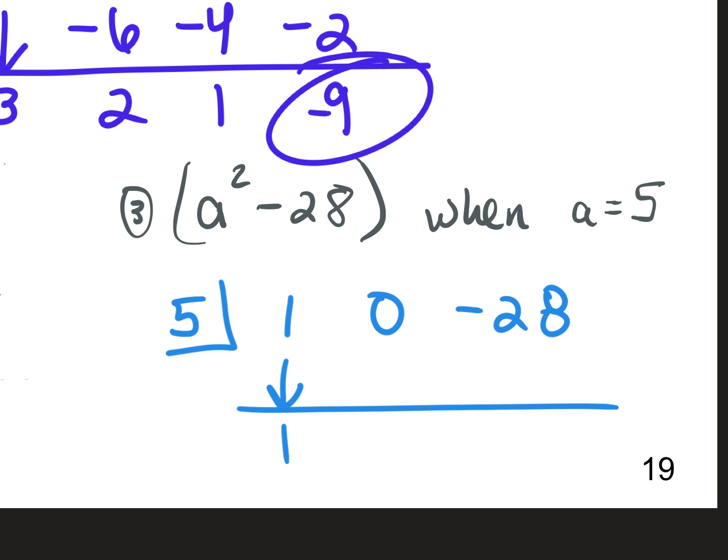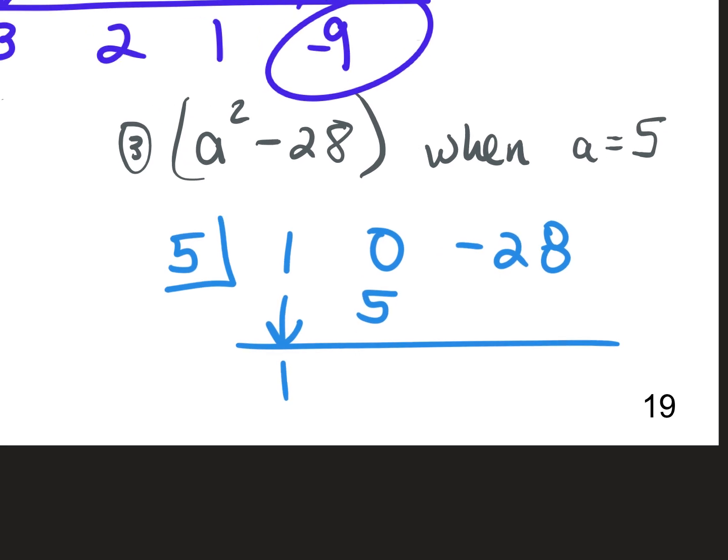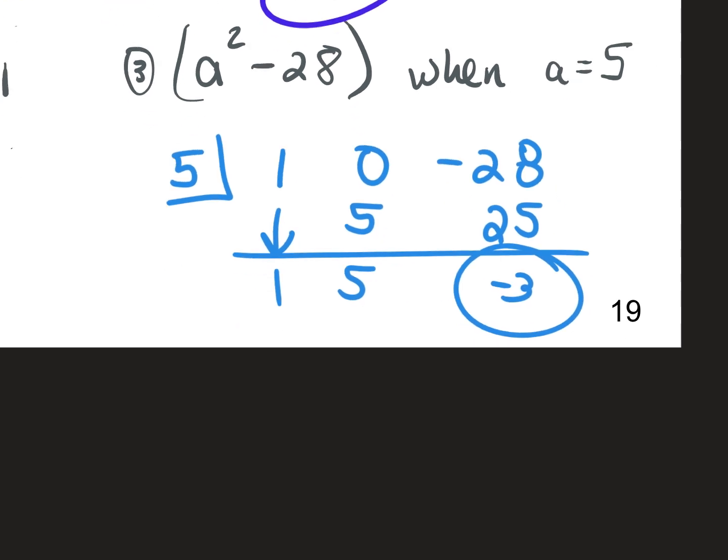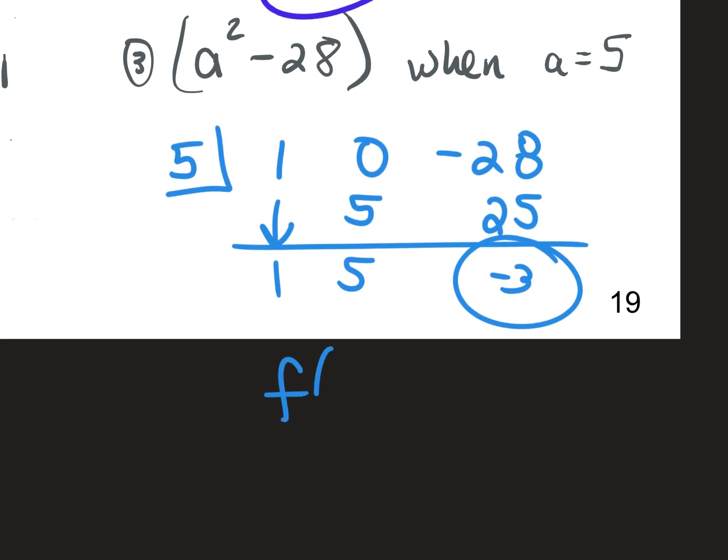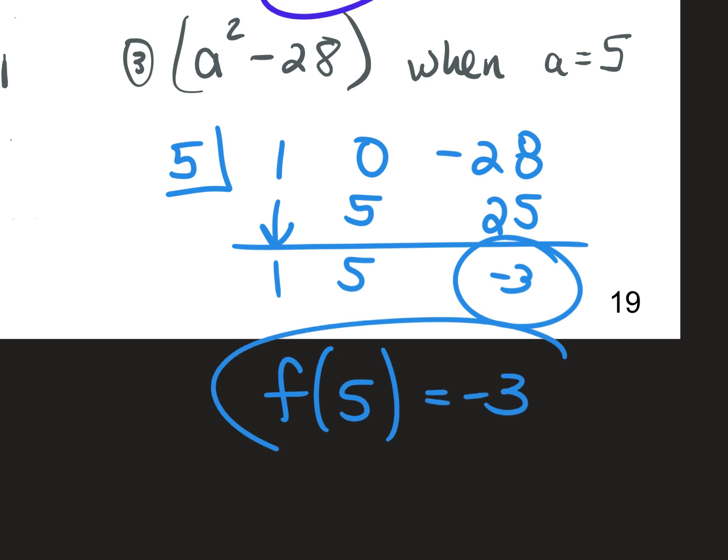So, easy part. Bring down the first term. 1 times 5 is 5. 0 plus 5 is 5. 5 times 5 is 25. Negative 28 and 25 is negative 3. So what are they caring about? The remainder. So you say f of 5, a of 5, I don't care, is negative 3.